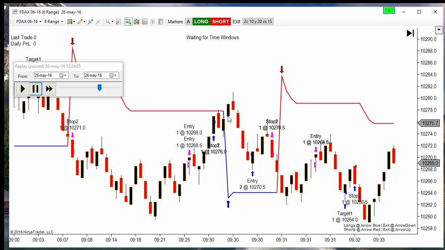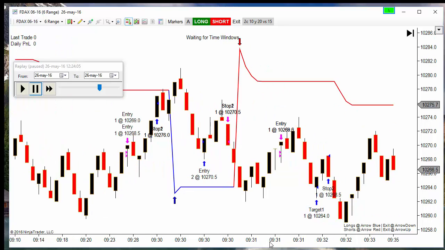let's see an example with detail. The entry at market is at the open of the following bar to the signal, something like here.